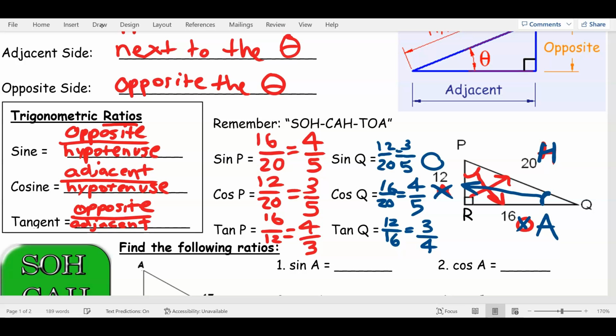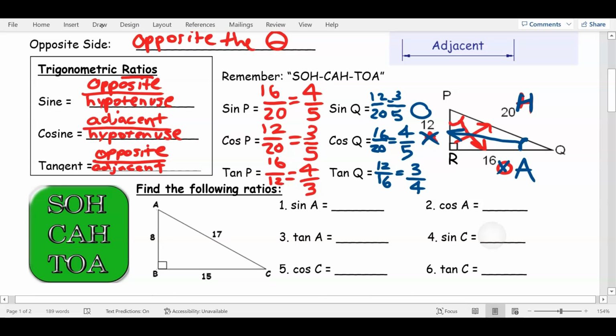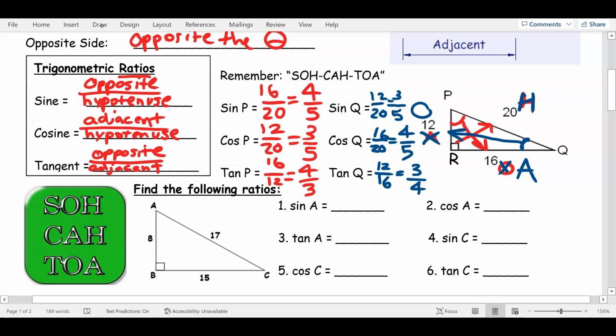Now, very important. Make sure you're labeling O, H, and A correctly from the angle letter that they give you. Now, these next 6 are the same idea, but be careful.